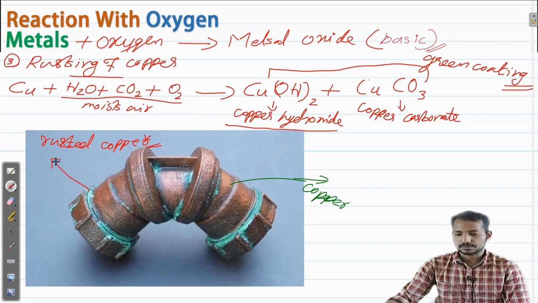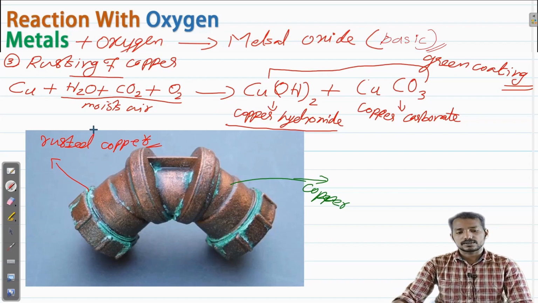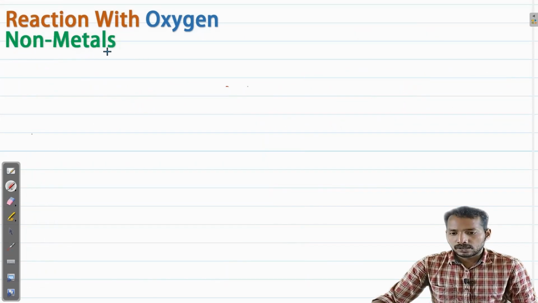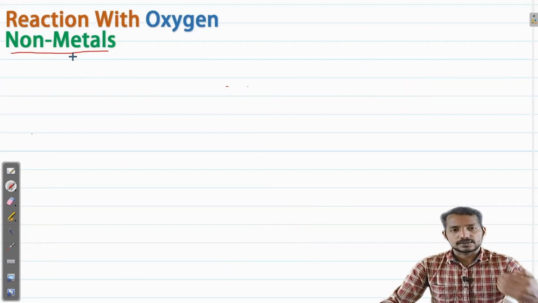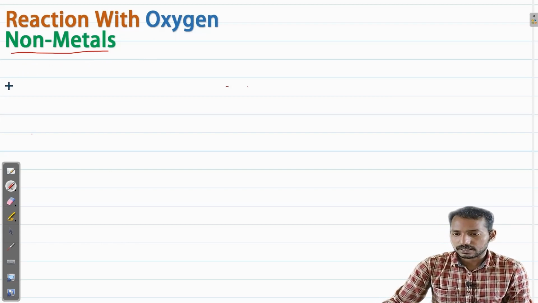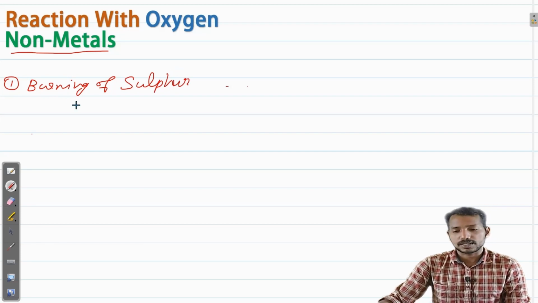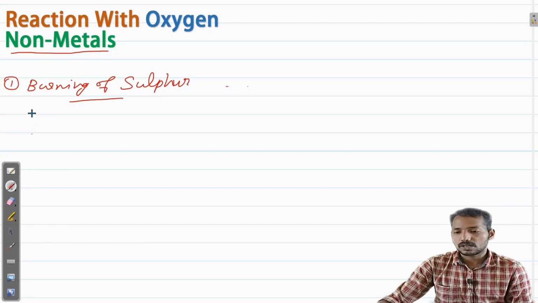Clear? That's all. Now let's take the case of non-metals reacting with oxygen. Let's take the burning of sulfur. Sulfur is a non-metal. So what will we get?